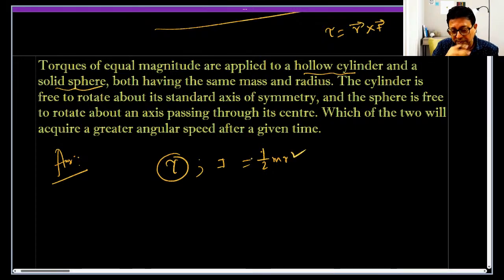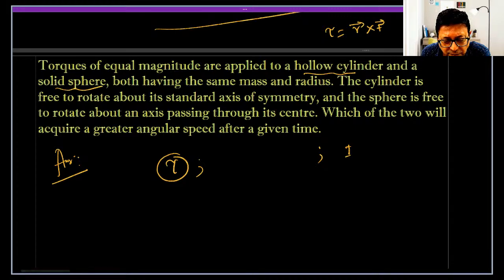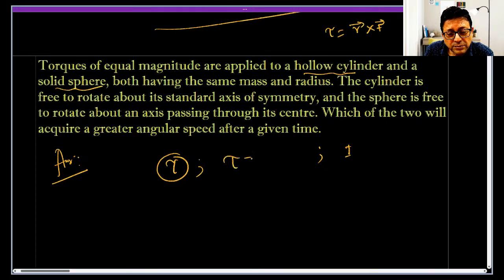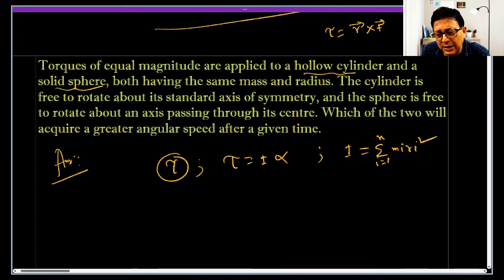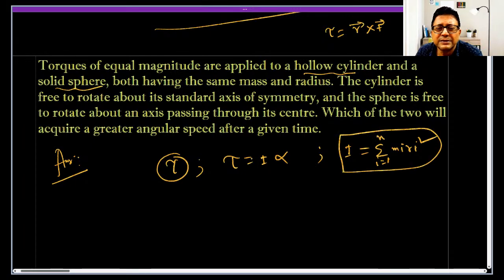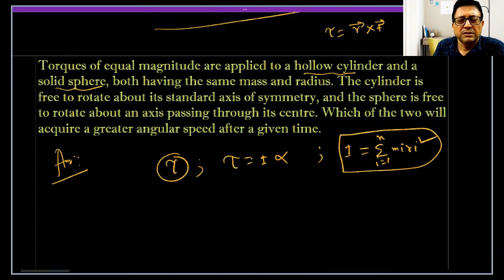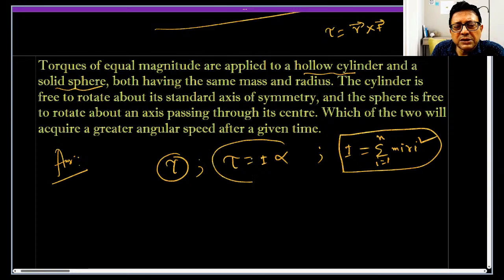Tau is I alpha, where I is sigma m i r i square. So this torque tau we have applied on the hollow cylinder.